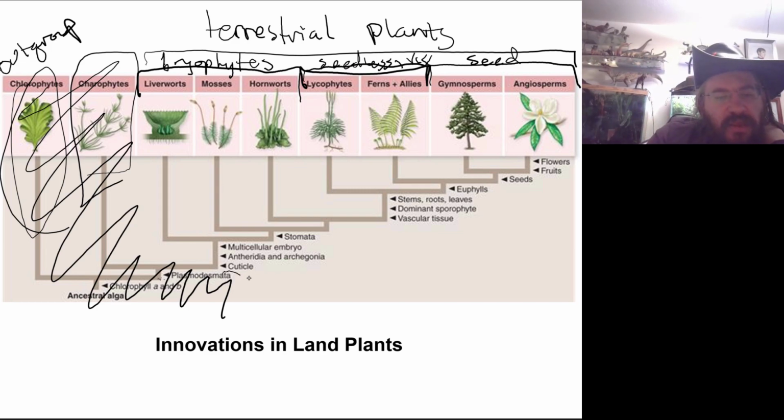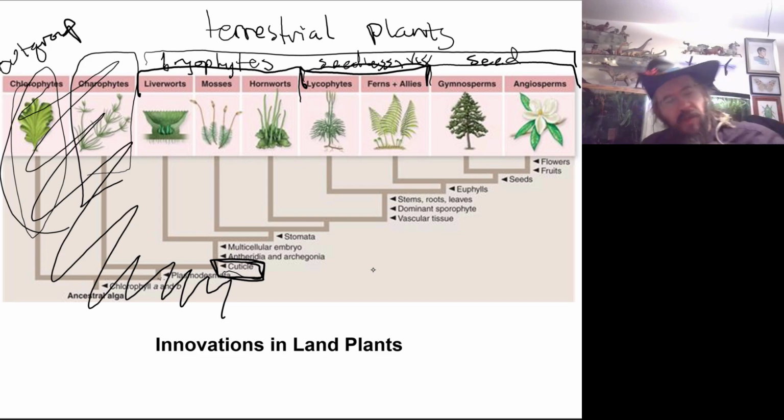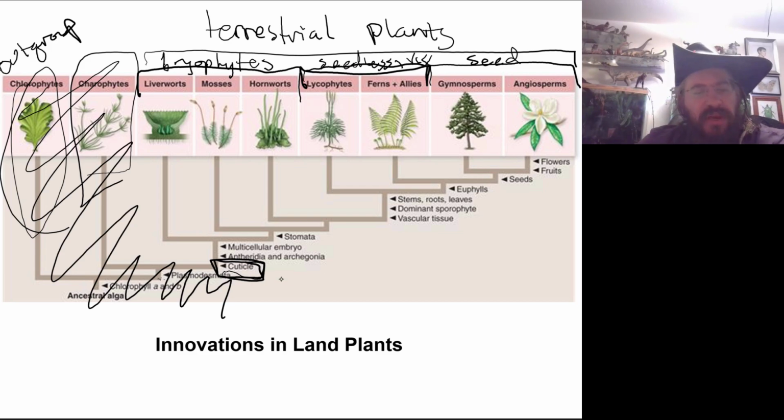Cuticle is the main one we talked about. Antheridia and archegonia are just products of alternation of generations. So, alternation of generations we could put in here. We mentioned stomata as well. Okay, so those are a development here in the bryophytes.